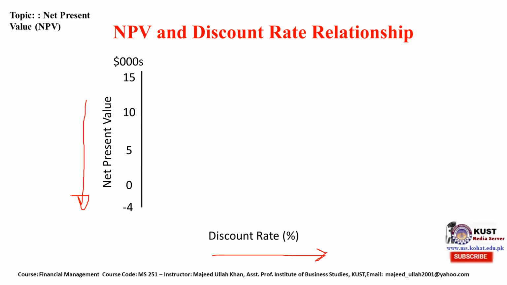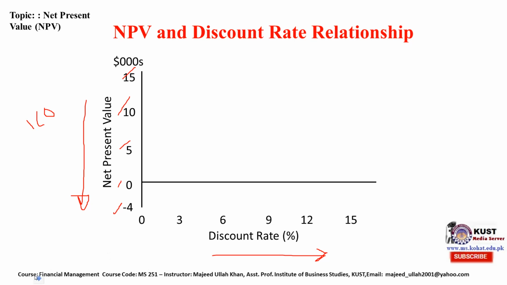So this is, let's suppose, net present value in thousands: 15,000, 10,000, 5,000, 0. Zero net present value is the point at which the initial cash outlay and the present value of all future cash flow become equal. This is minus NPV.